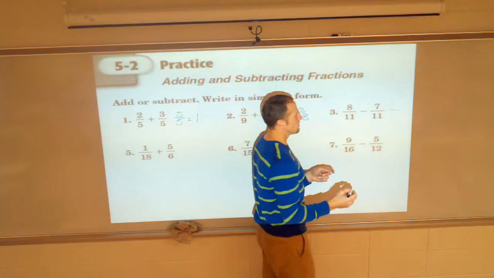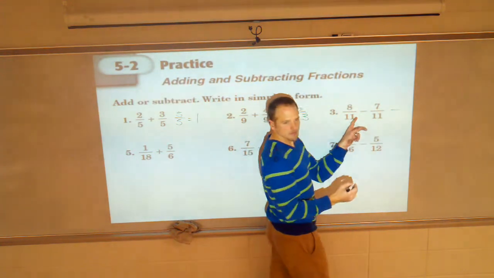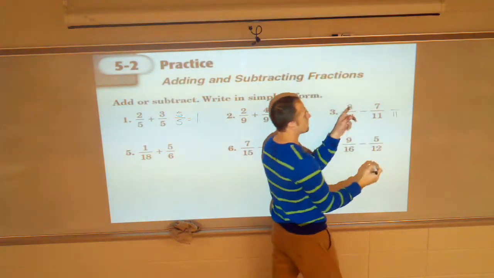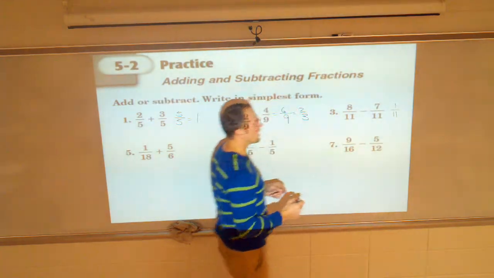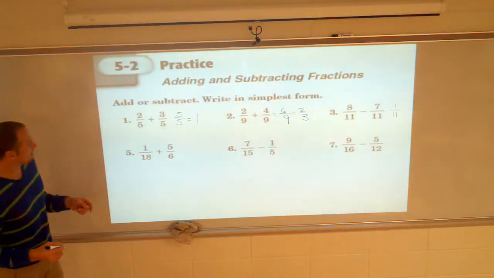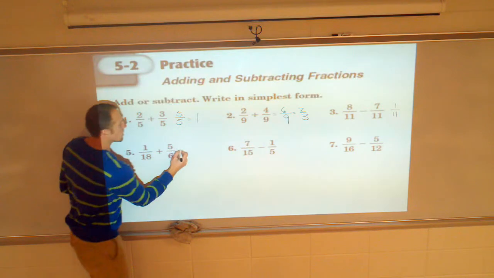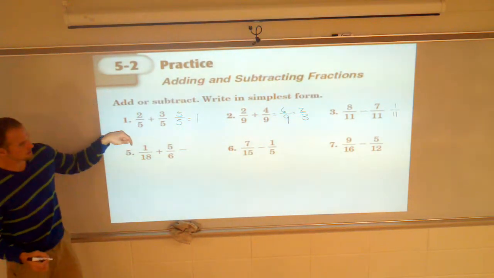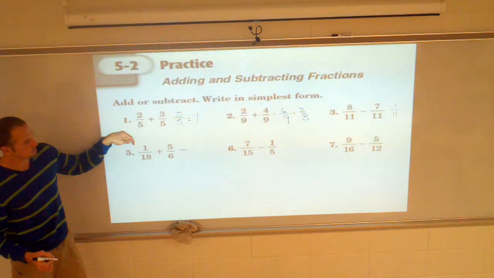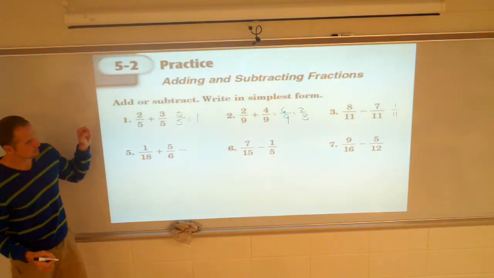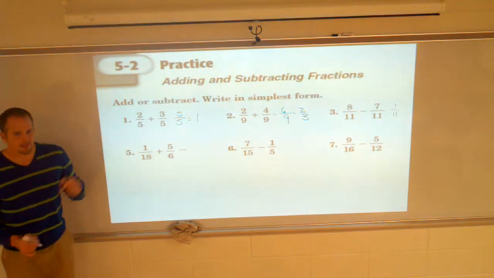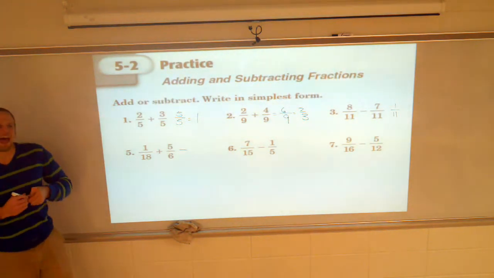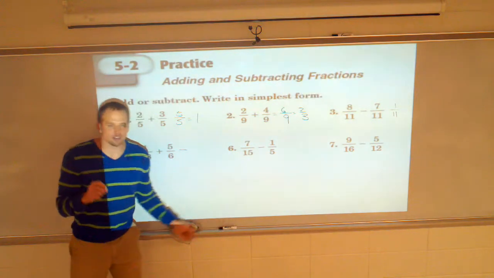Bottom the same, 11. Just do the top, 1. 1 over 11. Emily, number 5. Bottom the same. And this is why add and subtract is a trip.